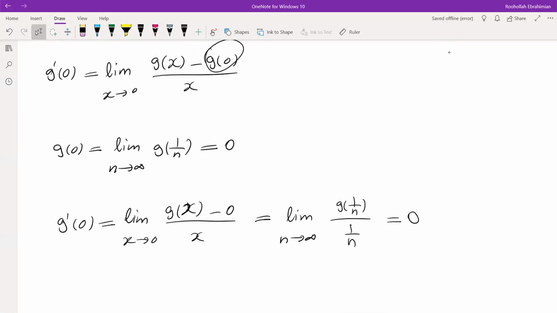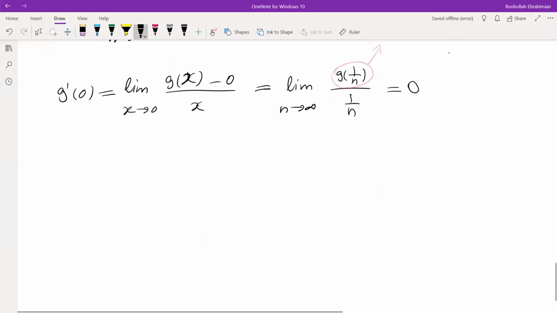But that is exactly 0, because g of 1 over n is 0. This quantity is 0. Perfect. So we're getting closer, but still an infinite number of derivatives to go. It seems like maybe we didn't make a lot of progress, but we're getting closer.